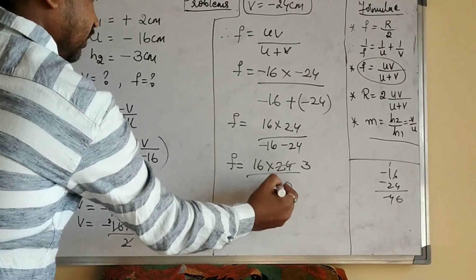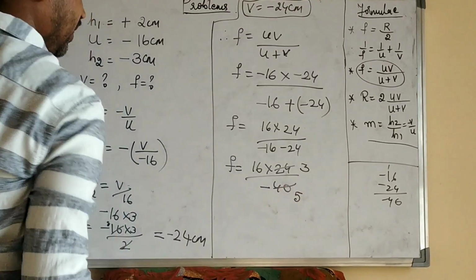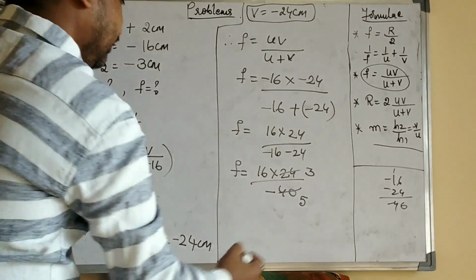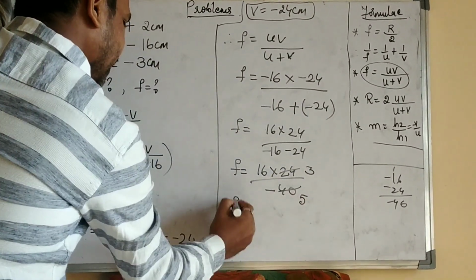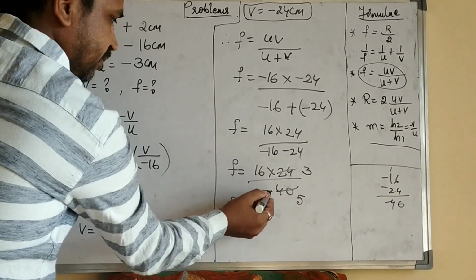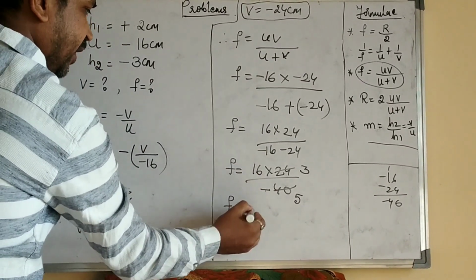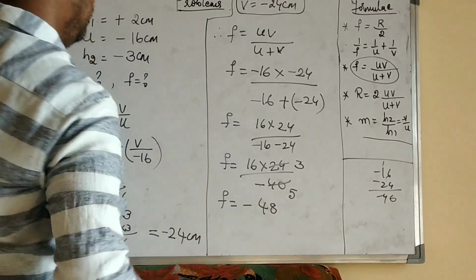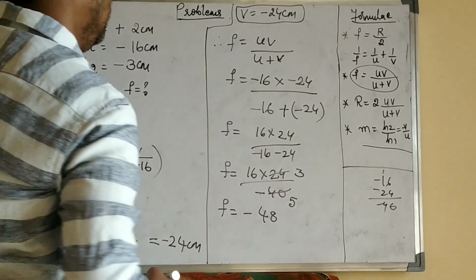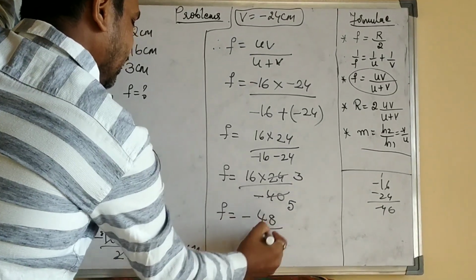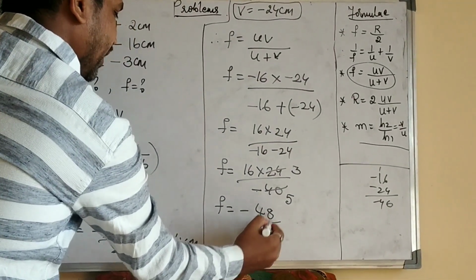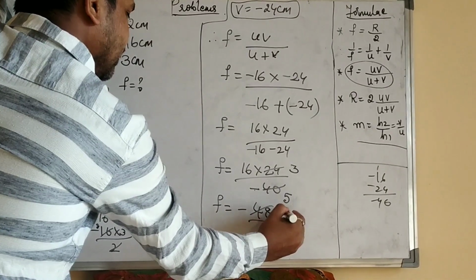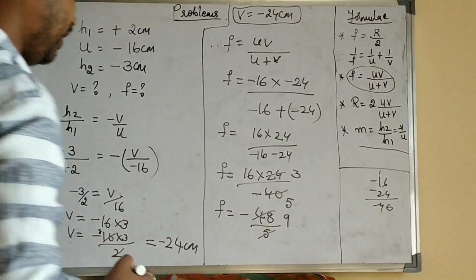8 3s are, then 8 5s are, right? Then you will get F is equal to, I'll shift this minus sign to the numerator, minus 16 3s are 48 divided by 5. Okay, now simplify. 5 1s are, 5 9s are 45, right?